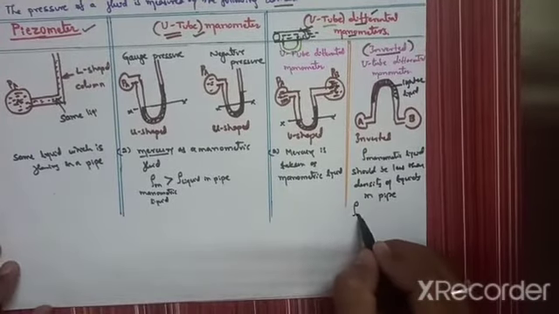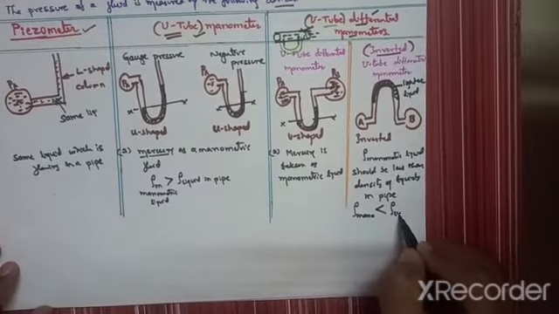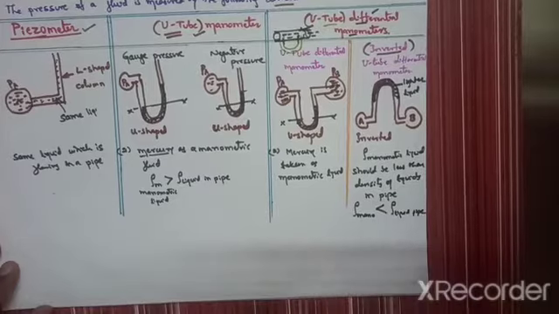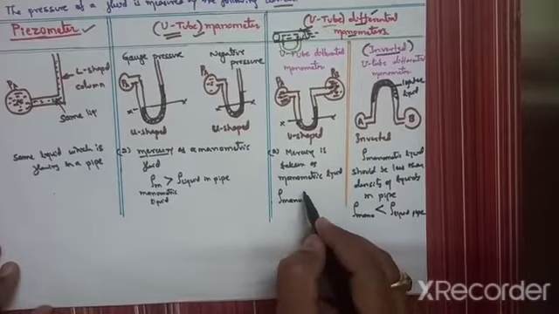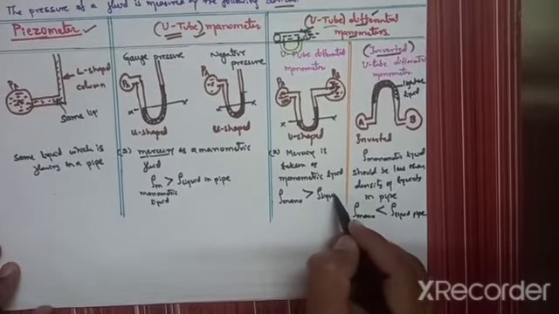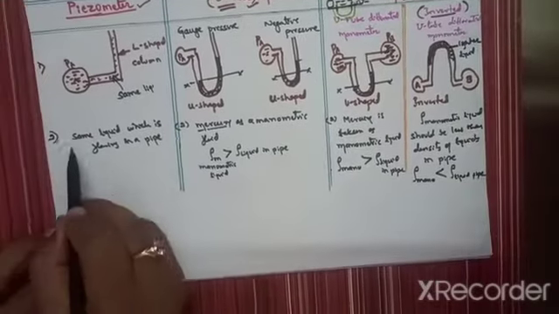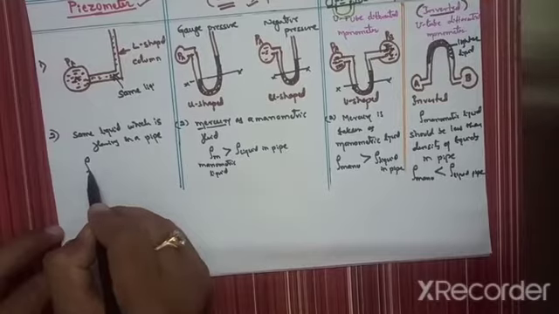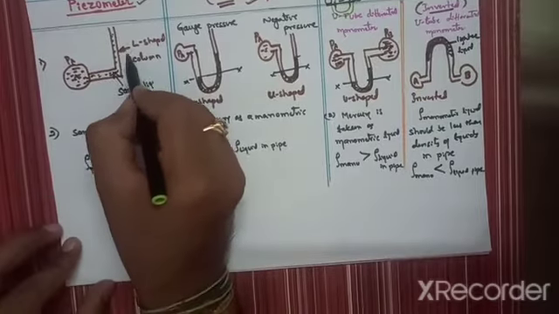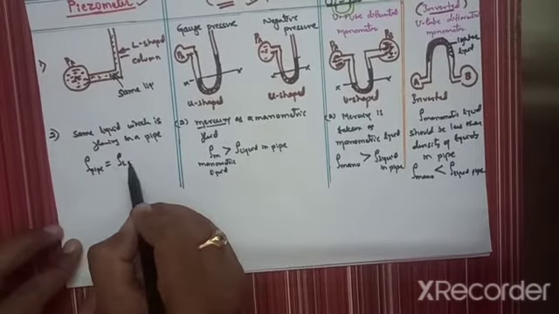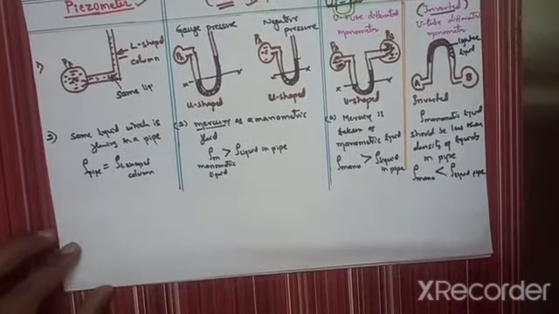Here the density of the manometric fluid should be less than the density of liquids in the pipe, but there it should be more than the density of the liquid in the pipe. That is a major point. Here also it is the same, but here the density of the pipe liquid is the same as the density in the left column, the L-shaped column. That is one difference.